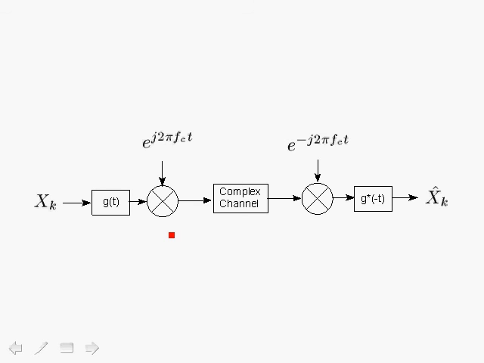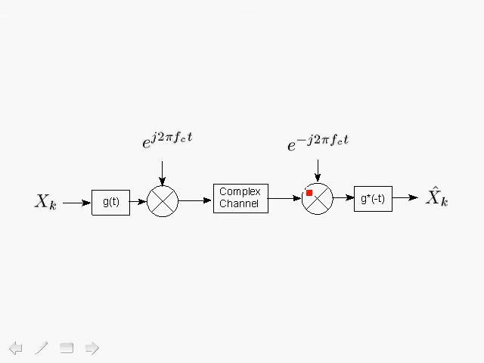Now here we can actually show the whole modulation and demodulation process using the complex envelope. So we take x of k, which are the complex symbols from the constellation, we apply pulse shaping, we do a complex modulation e to the j2 pi f c t, and we go through the complex channel, so we represent the channel as a complex channel.